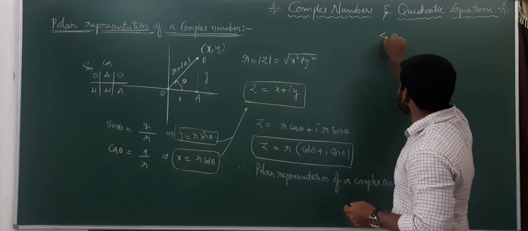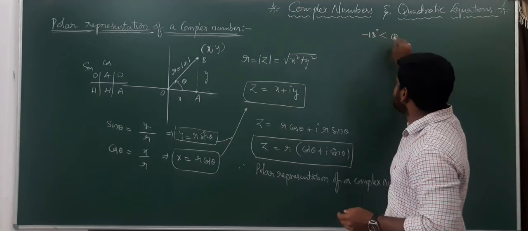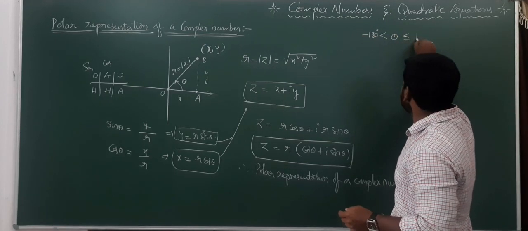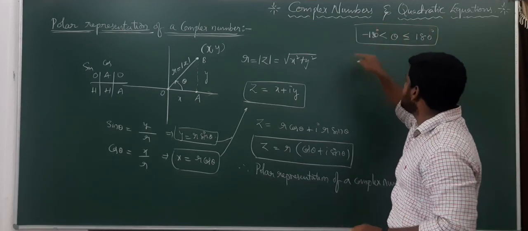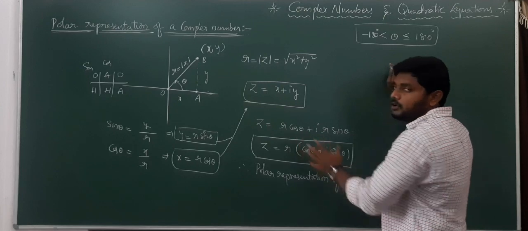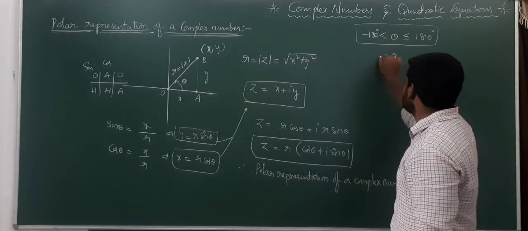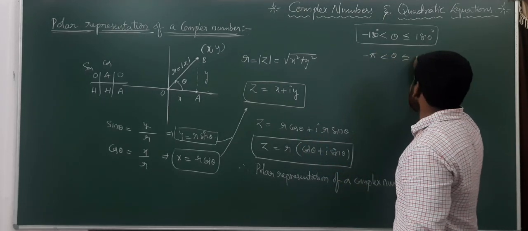Theta should lie between minus 180 degrees and 180 degrees when considering this polar representation, or theta should be greater than minus pi and less than or equal to pi.